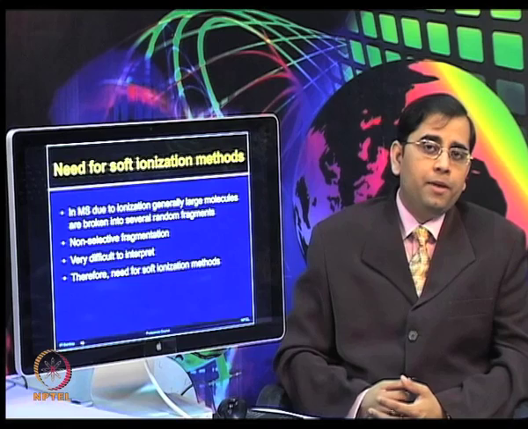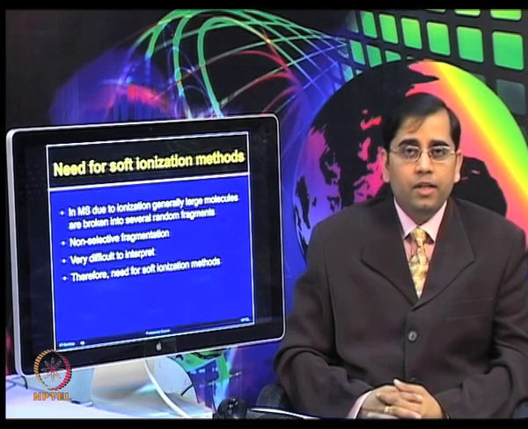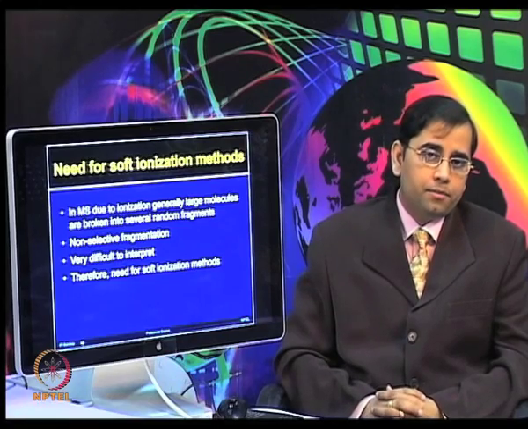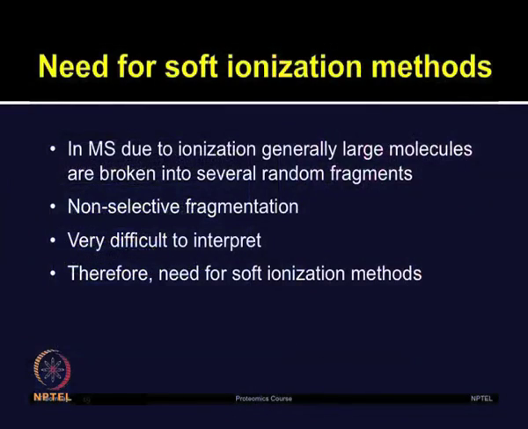So, for proteomic applications, there was a need for soft ionization methods in mass spectrometry. These are non-selective fragmentation. Hard ionization is very difficult to predict. Therefore, it led to the need for soft ionization methods in proteomics.